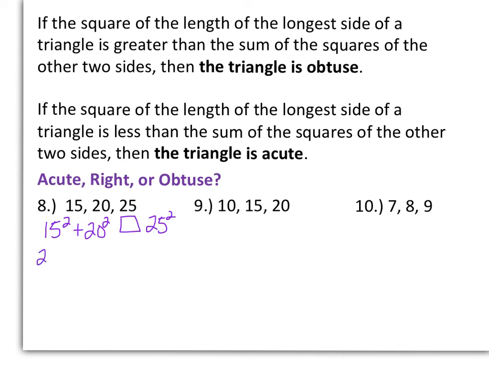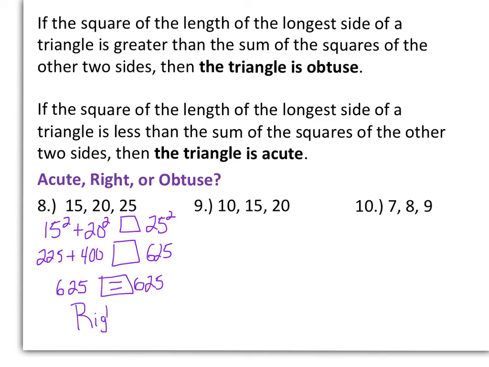So squaring our numbers first. Combining like terms on the left, we get 625 and 625. So they are equal, which tells us this is a right triangle.